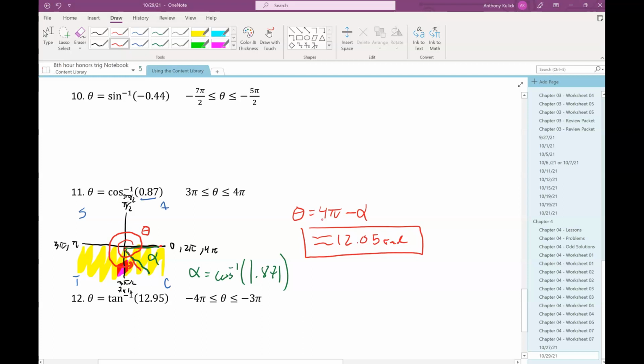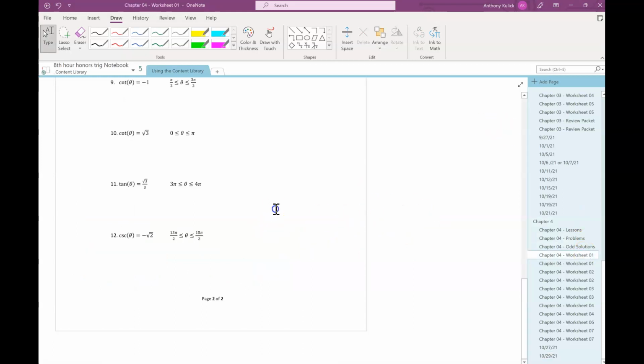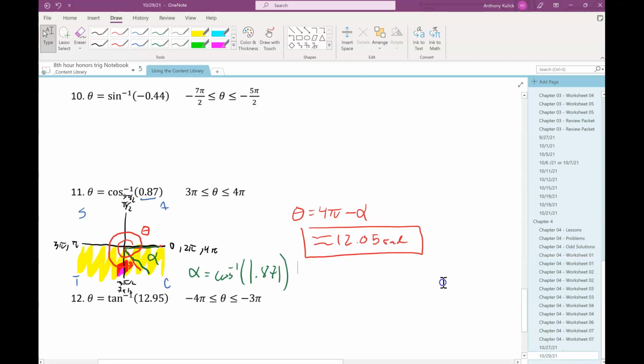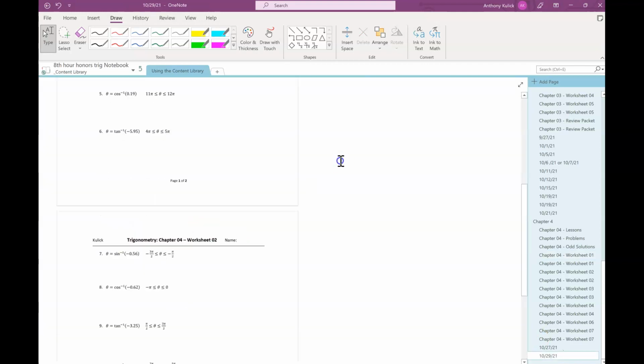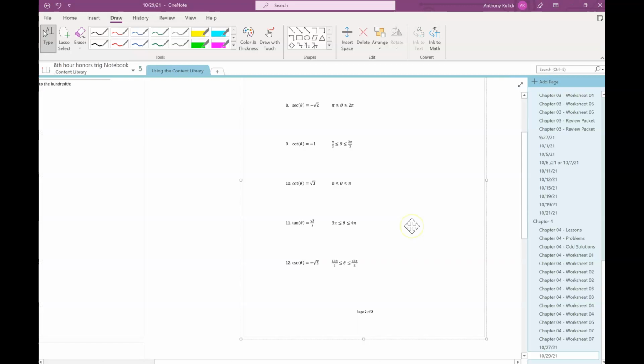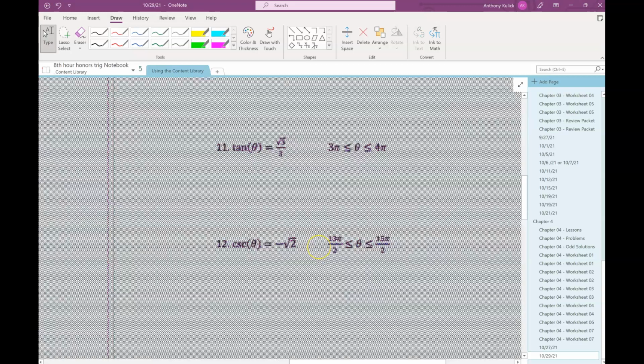Tommy? Can you do number 11 on worksheet? Sure. Okay.